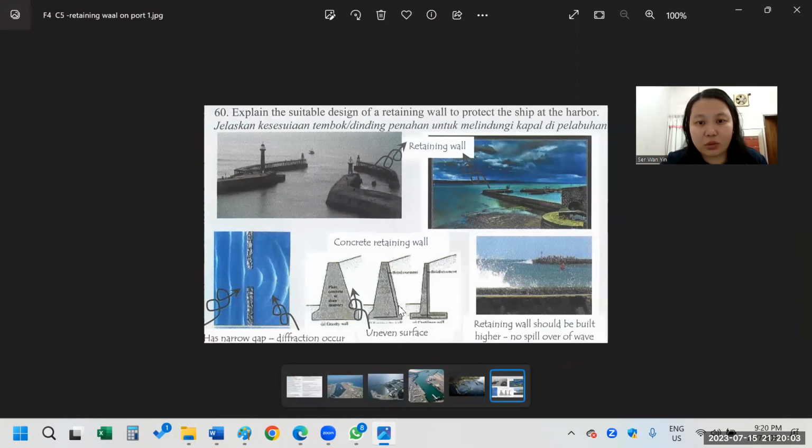Concrete retaining wall, uneven surface, so they can absorb the energy also. Like why we put curtain, carpet, cushion in the cinema, because all of these got uneven surface and also can absorb the energy.